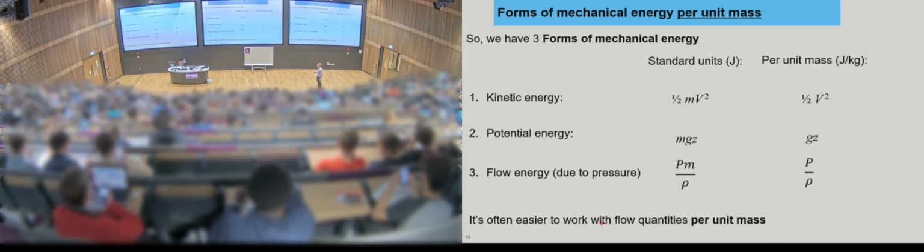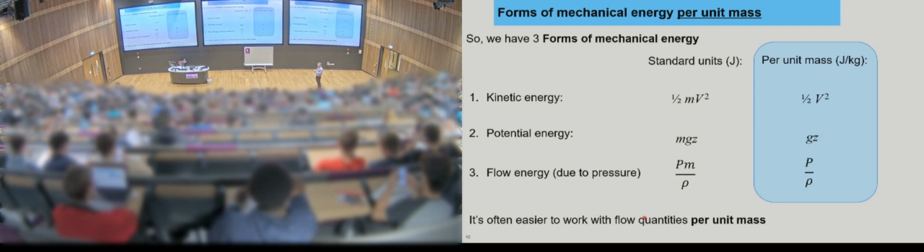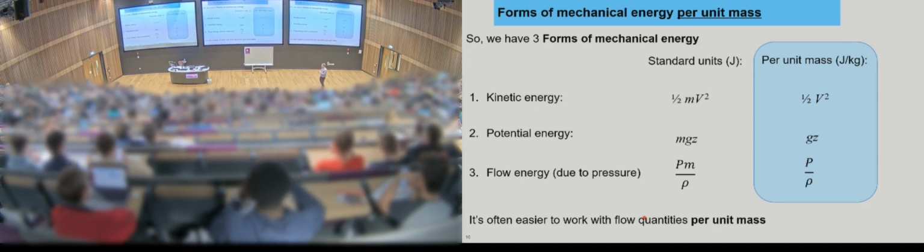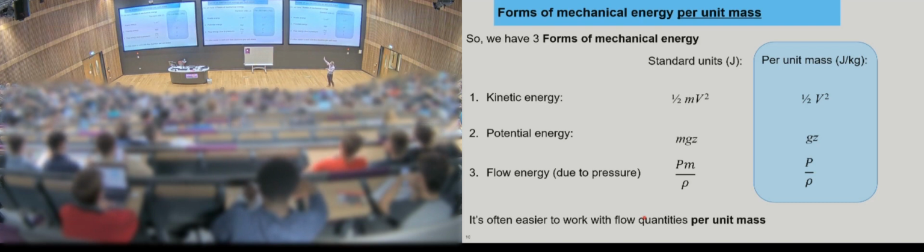Engineers nearly always work with these quantities, and then right at the end of our calculation, we multiply it by the mass or the mass flow rate in order to work out the exact quantity we need for our design or our analysis. So I advise that you get used to this concept of using per unit mass on the right.